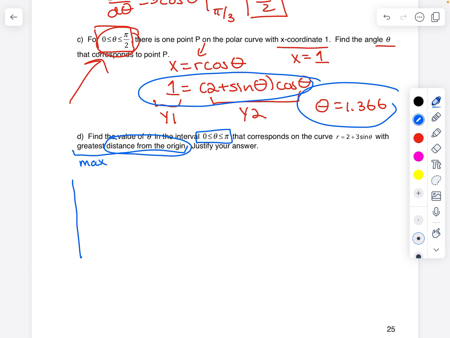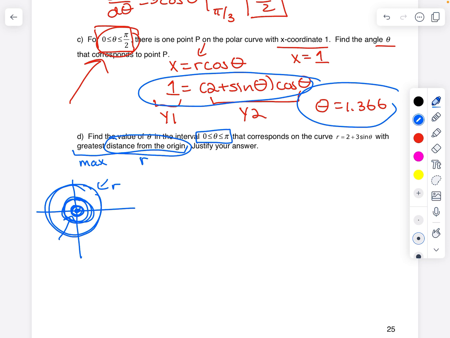Okay, think about a polar curve. This is kind of what your polar curves look like. These are your r values on your polar, right? This is r equals 1, this is r equals 2, this would be r equals 3. The origin's right here. So in polar, when they talk about the distance from the origin, it's actually talking about your r variable. So this is really saying find the maximum value of r.